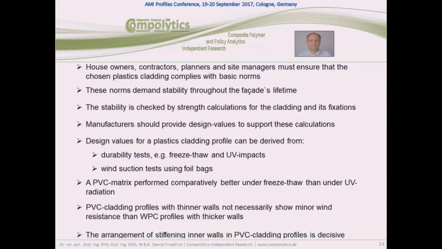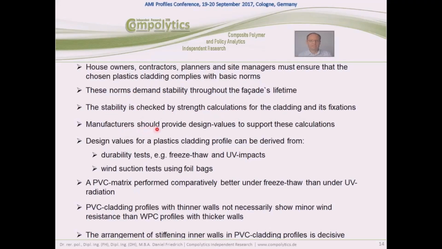So what we should have learned from these Compolytics studies is that house owners and contractors, planners and site managers, they must ensure that all the erected building and building parts are fit for use and have sufficient structural safety. This is given if they were designed and installed according to norms, and the stability is checked by strength calculation, usually done by the facade planners or the structural engineers.